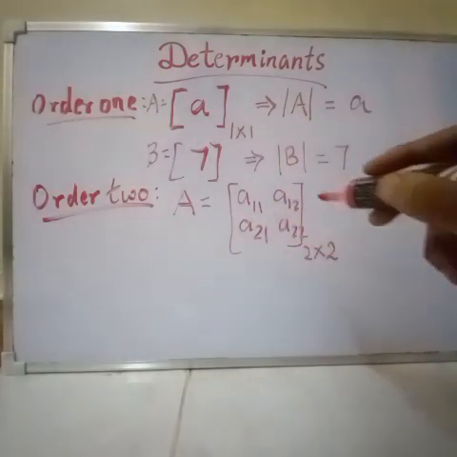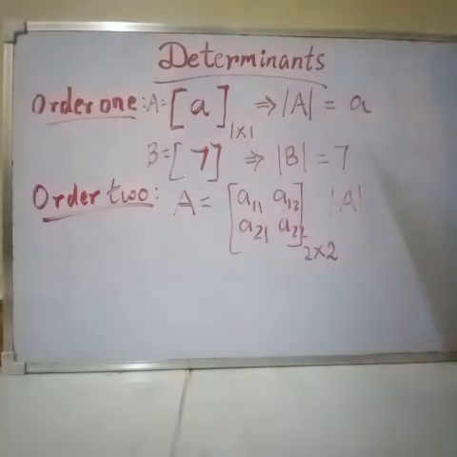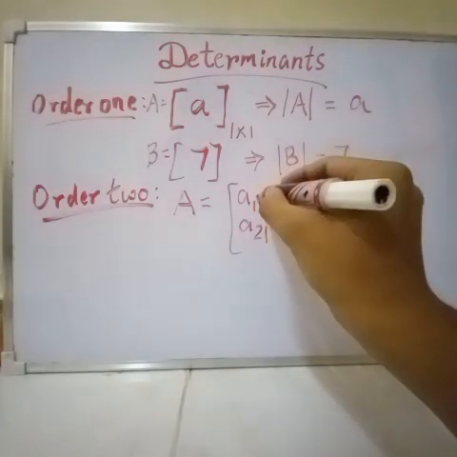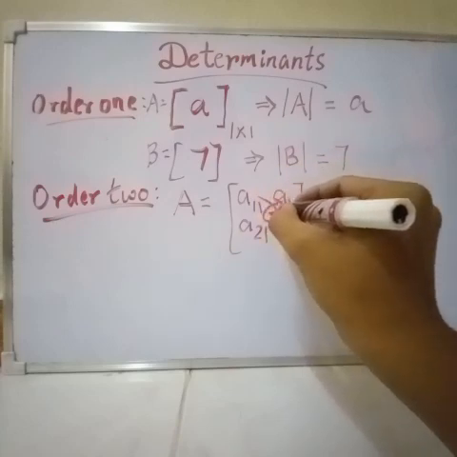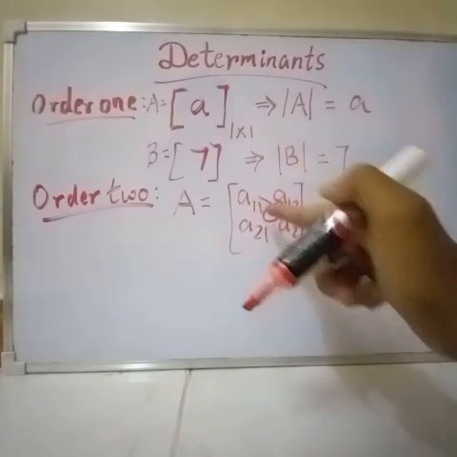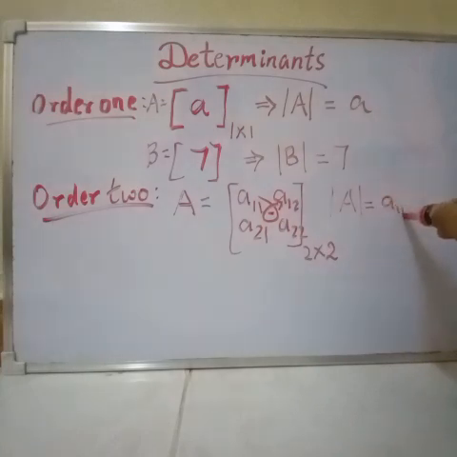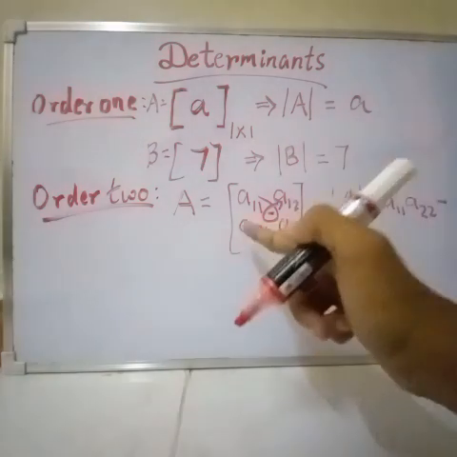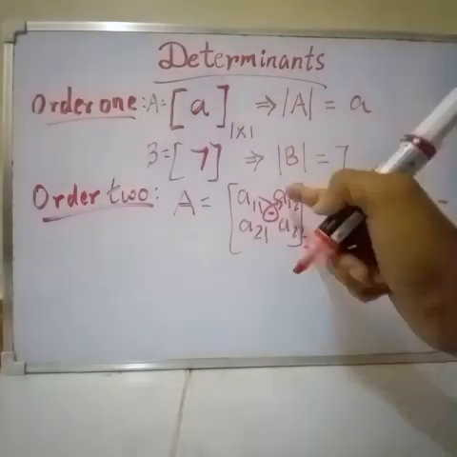So for the determinant, we have to do it in this order with a negative symbol in between. Multiply the first element with the last element, in the diagonal order: A11 times A22, minus A21 times A12.